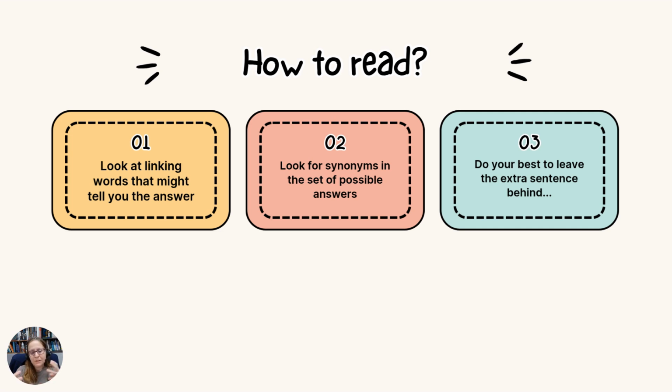These are linking words that might help us. But because this is C1, we need to find synonyms, and not only synonyms, but different points of view, different ways of telling the same idea. That's why it's a little tricky. And the third one is, do your best to leave the extra sentence behind, not before analyzing it thoroughly.